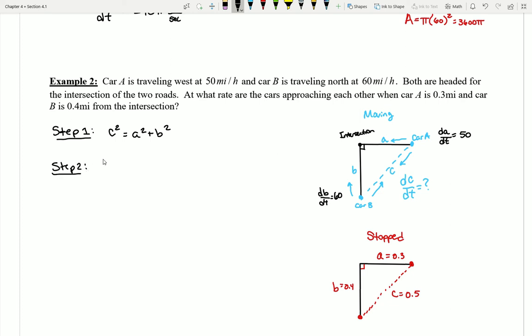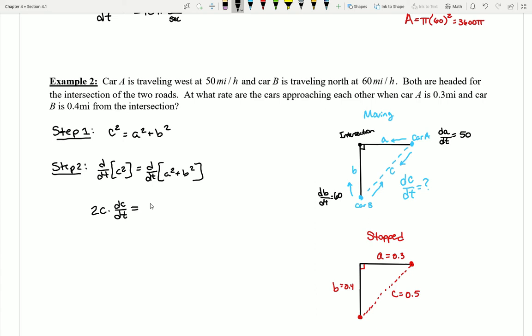Again, this is also a blue step where I'm going to go ahead and take the derivative of both sides with respect to my variable of t, my variable of time. I know that all these values change over time. So if I take the derivative of this side, notice I'm going to get stuff squared, so its derivative is 2 stuff to the first times the derivative of the stuff.